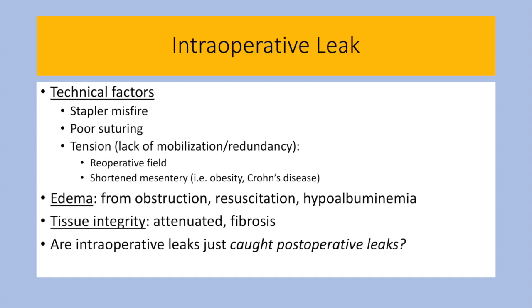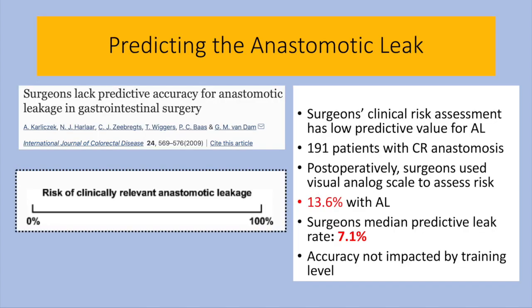Typically, the intraoperative leak is either noted incidentally or when challenging the anastomosis under pressure. Otherwise, the intraoperative leak is just a postoperative leak that was caught early. Interestingly, surgeons are bad at predicting anastomotic leak by using such traditional methods as assessing a palpable pulse or the color of the bowel edges.